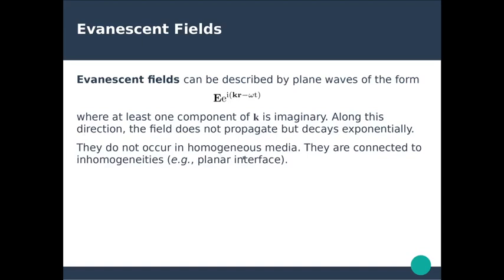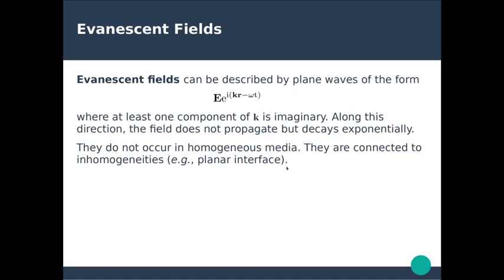Those fields do not occur in homogeneous media. If you have a homogeneous medium and an electric field, you can only have propagating fields and stationary fields. You do not have evanescent fields. Those evanescent fields are connected to inhomogeneities, more specifically, when you have interfaces.